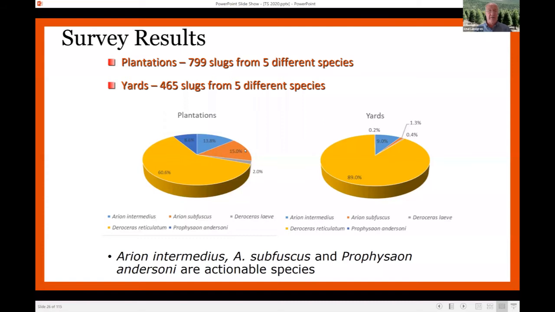The slices of the pie here and here, the ones down here, this Arion intermedius and subfusus and so on, are what's called actionable species. These are ones that if they're found, the load is either recleaned or shipped back. Those are slugs that we don't want in particular, and we'd rather not have any if we can avoid it.